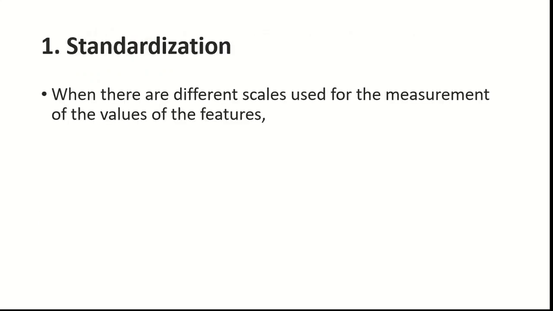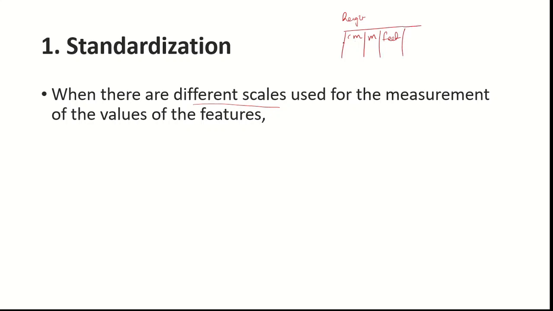In the first step we do the standardization. This is needed when different scales are used for the measurement of the values. For example, you have height values. In some countries it is in centimeters, or in meters, or in feet. Okay, it varies.